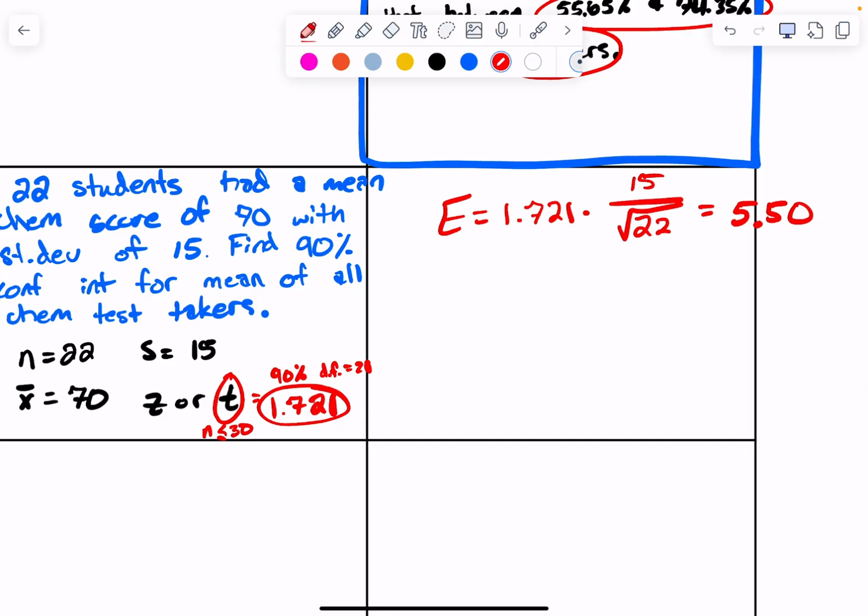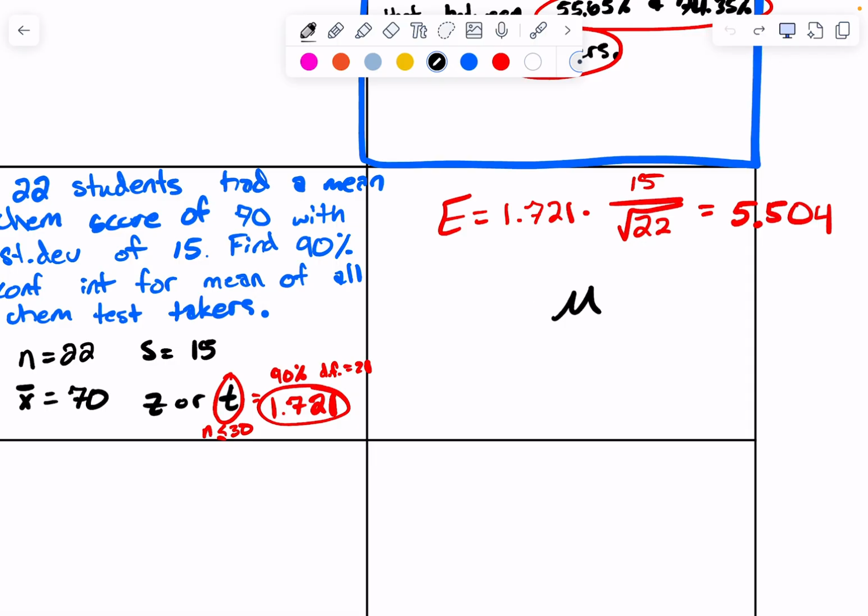Should we go two decimal places? 15 divided by that is 5.504.